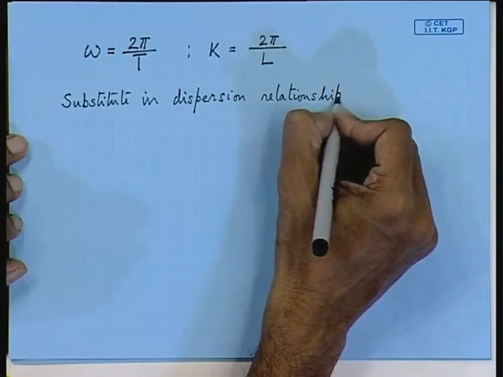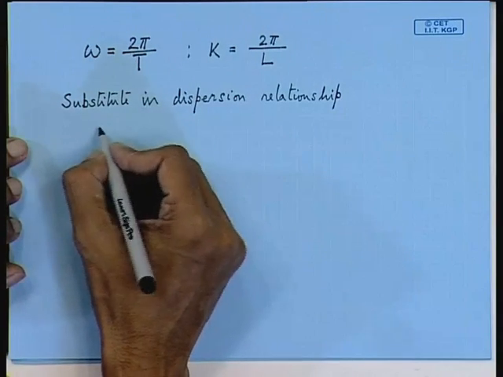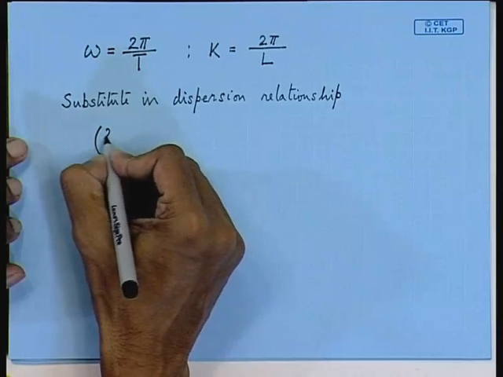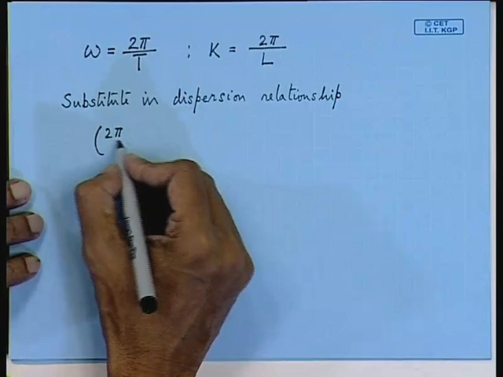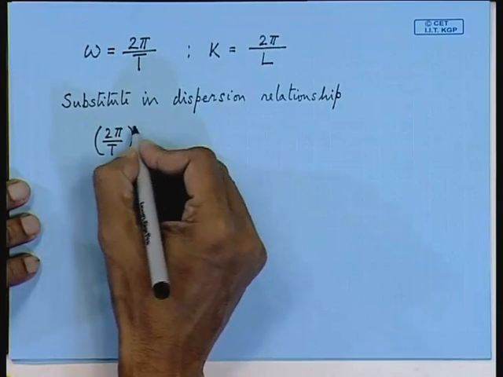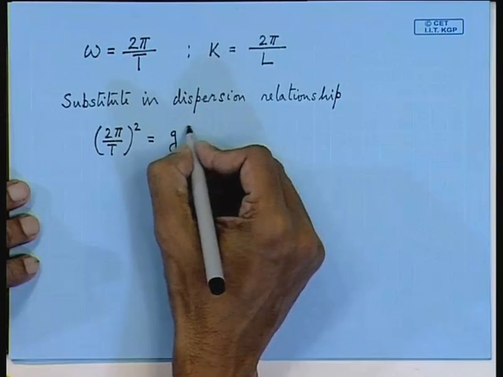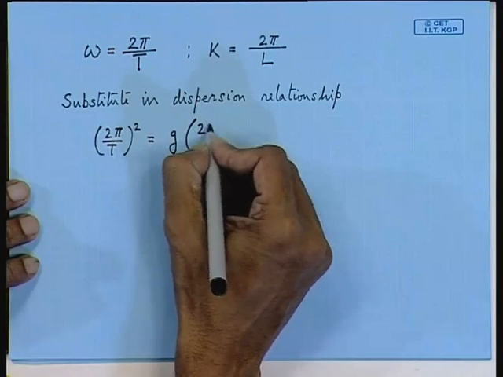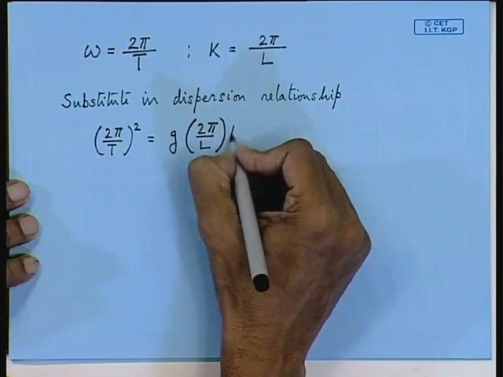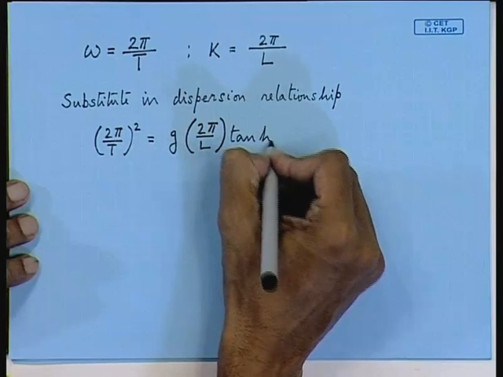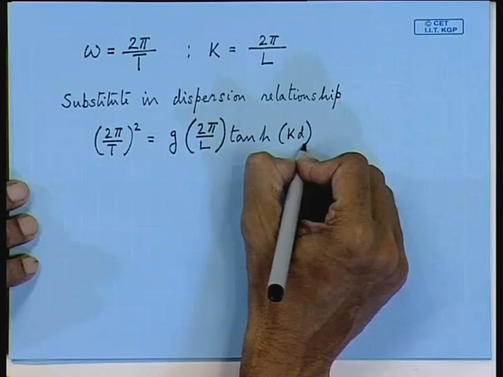So what is happening? On the left hand side, omega is 2 pi by T, so you will get finally an expression with the wavelength. So 2 pi by T whole square equals g. What is the value of k? K is your wave number, you should remember that is always equal to 2 pi over the wavelength, that is 2 pi by L, multiplied by tan hyperbolic kd. Followed?